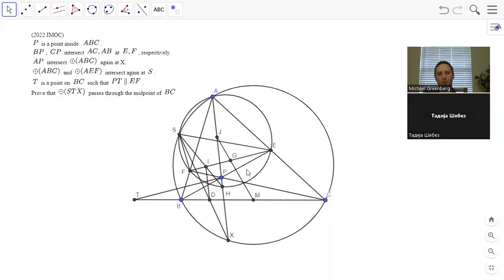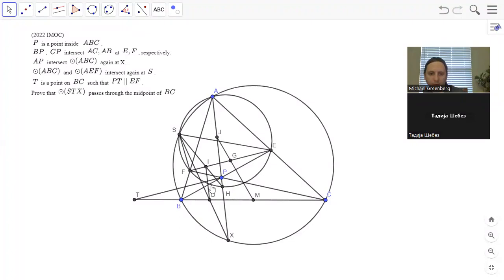And then we would want to find sine of BPD over sine CPD, and what we get for that should be PE over PF. So we would want then, I'm not sure, is it PB over PC times BD over DC or some fractions of those flipped? I can never remember how it goes.